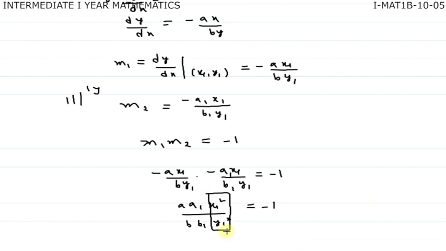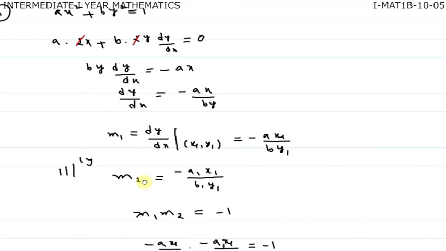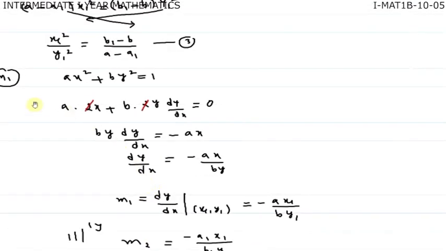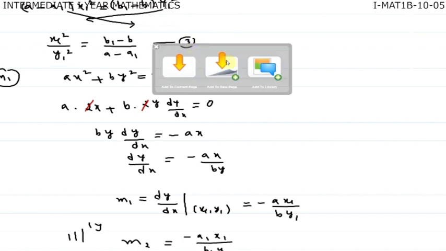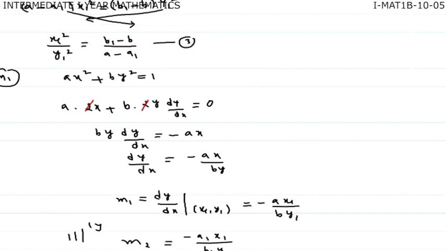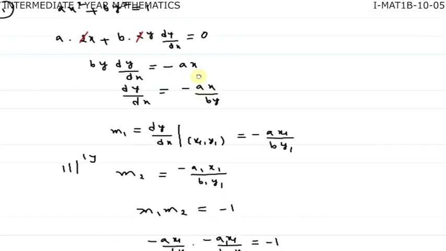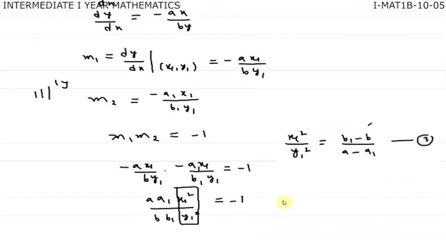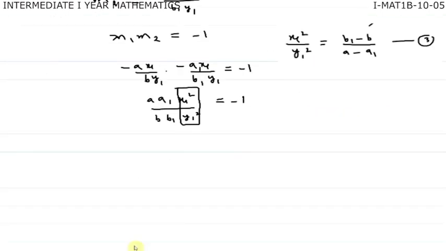Then what I get is, for a a1 divided by b b1, x1 square by y1 square is b1 minus b by a minus a1, equal to minus 1.